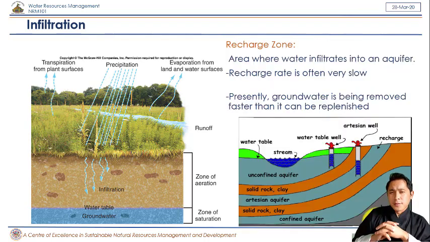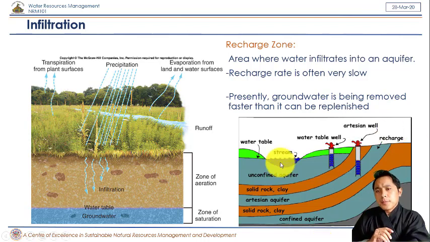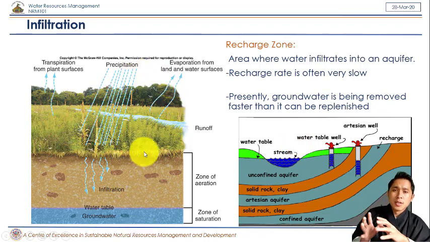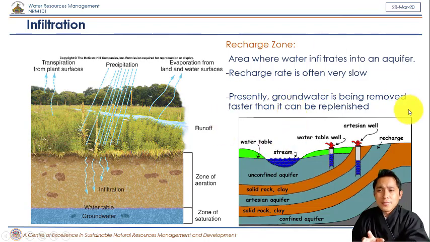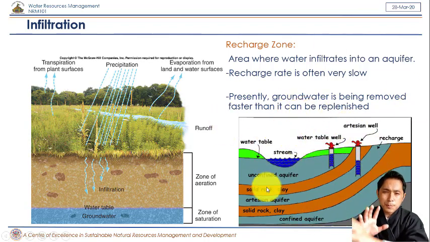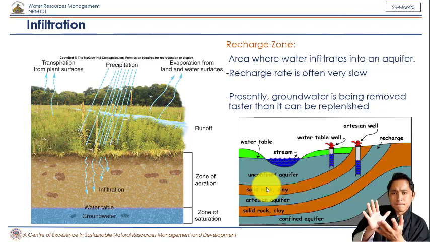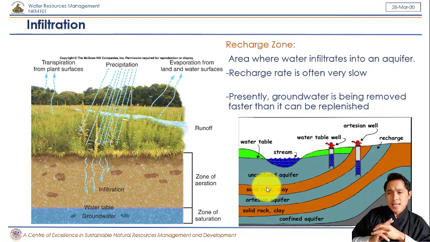Then we have a zone called the recharge zone. Let's say this is a setting of the actual strata of the soil, an animated diagram of how the strata, or aquifers, are layered on each other.